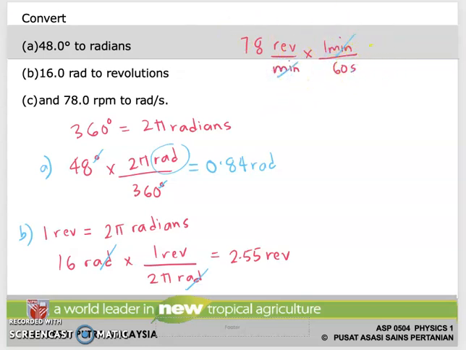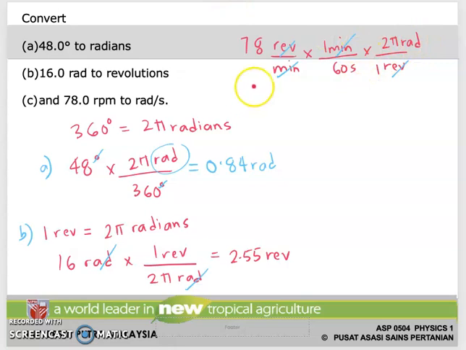I'm left with seconds. How do I change my revolution? I want to get rid of revolution, so it should be below. 1 revolution equals 2 pi radians. So now I can cross out revolution, and I'm left with radians and seconds.